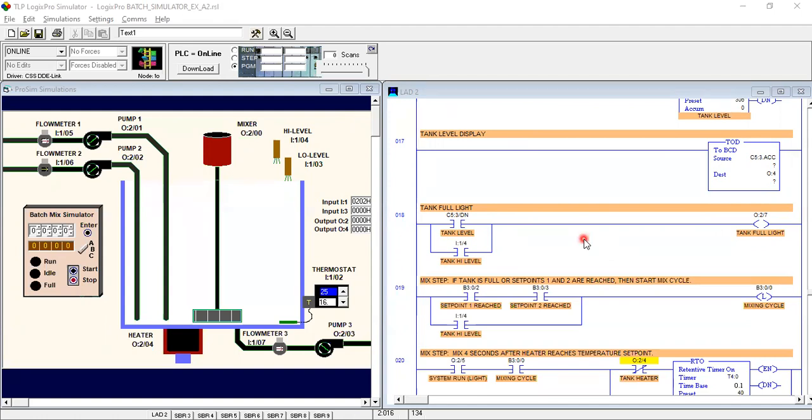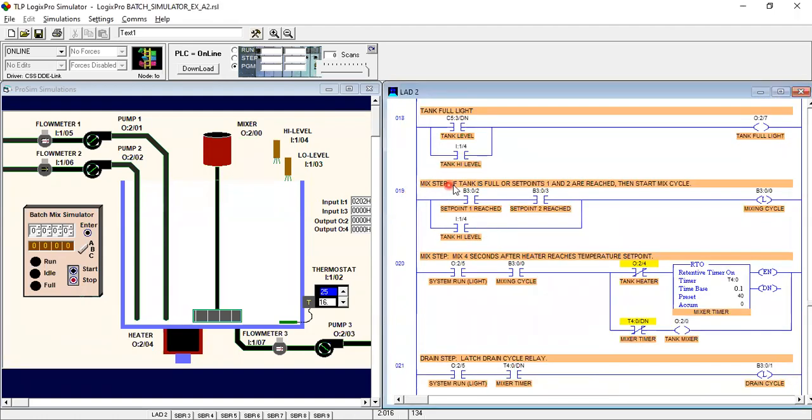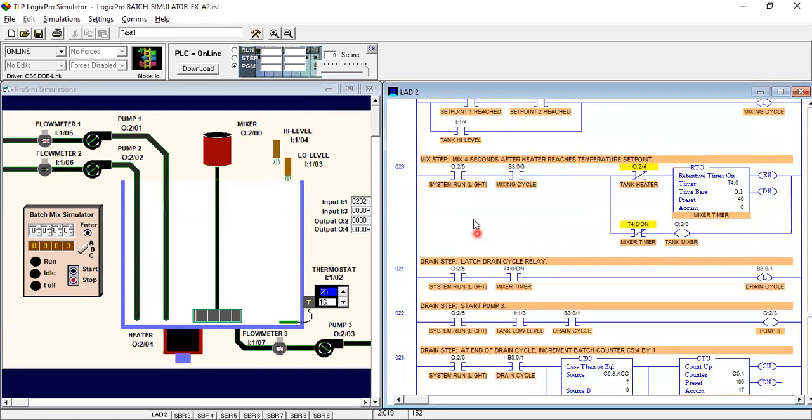And for the mix setup, if the tank is full and set points 1 and 2 are reached, then start the mix cycle. If both are reached, then our mixing cycle is running, and the tank high level will sense our mixing cycle.